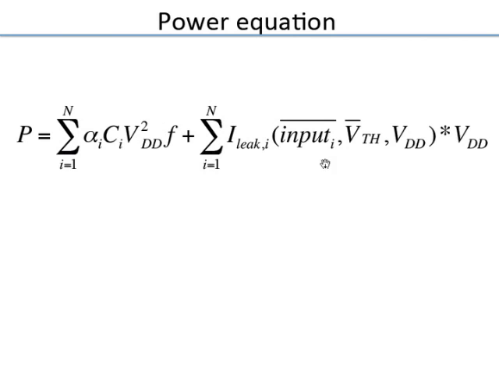So today we'll look at this variable VDD, which allows you another very powerful way to reduce the power consumption and make things more energy efficient, both power and energy.